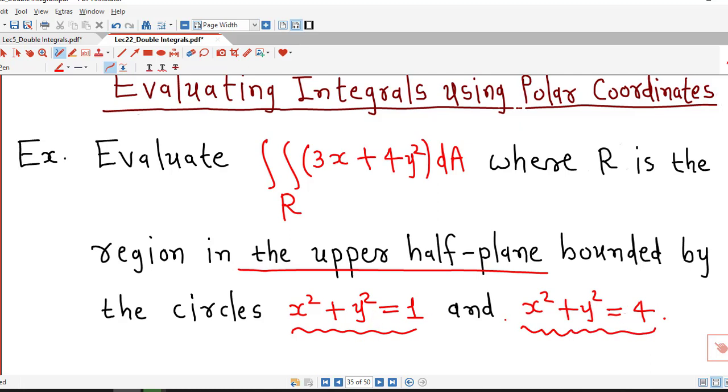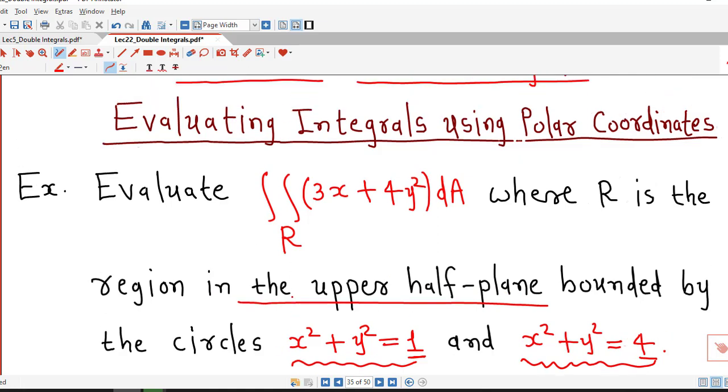So both the circles have the same center, origin, and the radius of this circle is 1 and the radius of this circle is 2. If we write 4 as 2 square, the radius of this circle is 2. So both are concentric circles of radius 1 and radius 2, and our region is the region in the upper half plane bounded by these two circles.